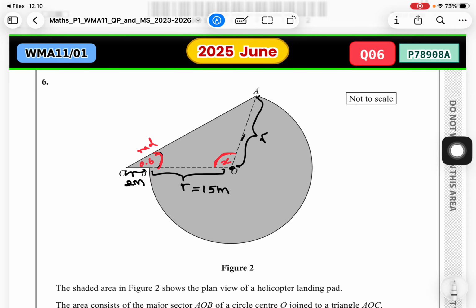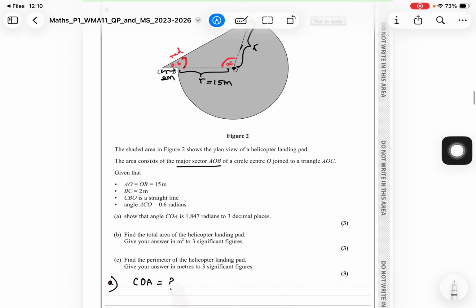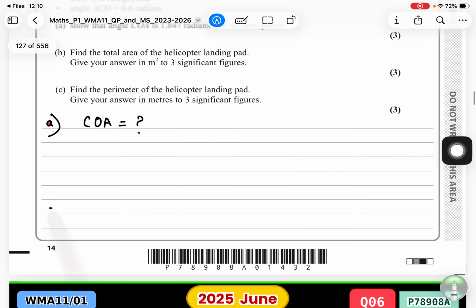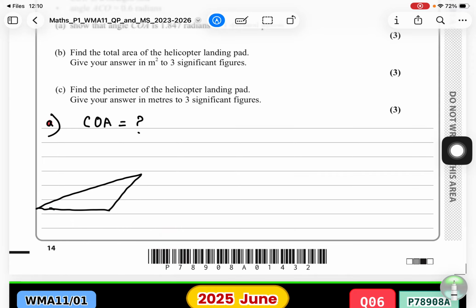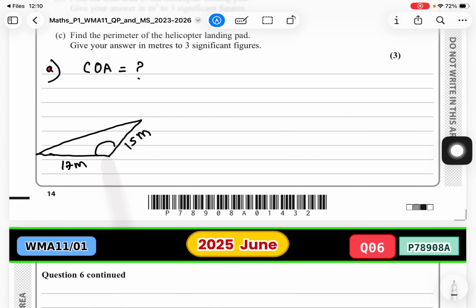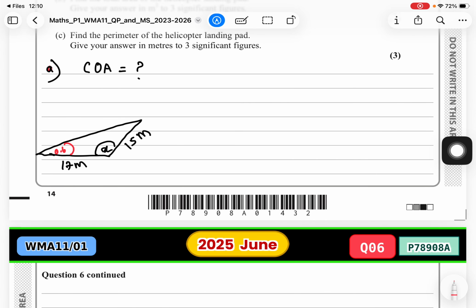By looking at this, we know we can use the sine rule. If I quickly plot this triangle here, we know the triangle is like this. This one is 15. This one is actually 15 plus 2, so altogether it will be 17 meters, and this is the x we need to know. And we know this information, which is 0.6.